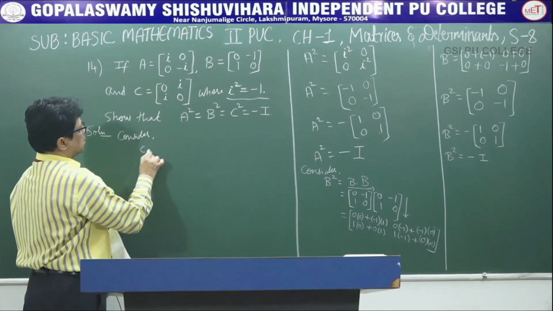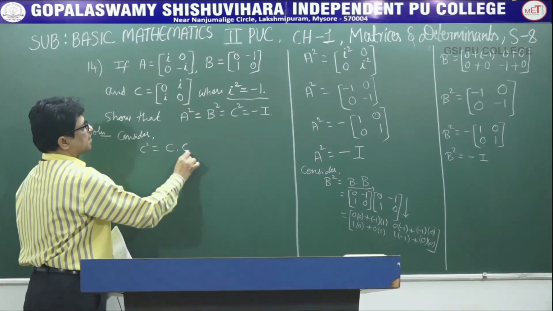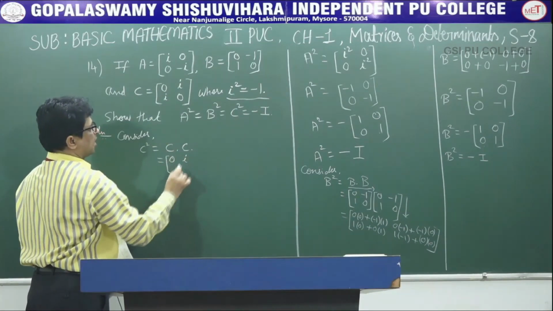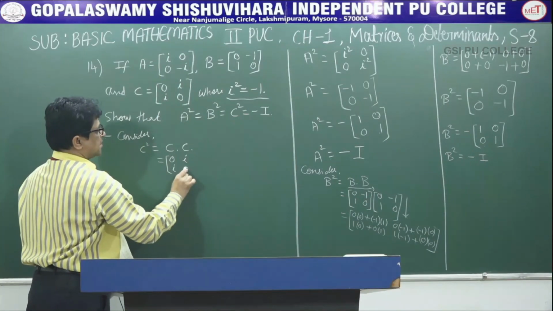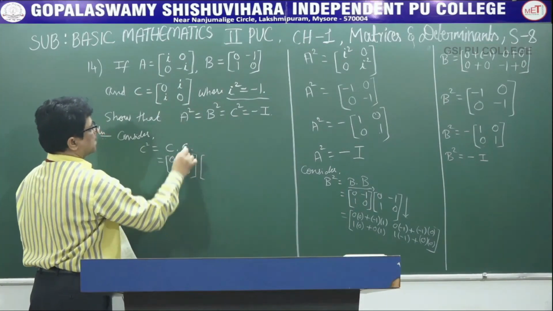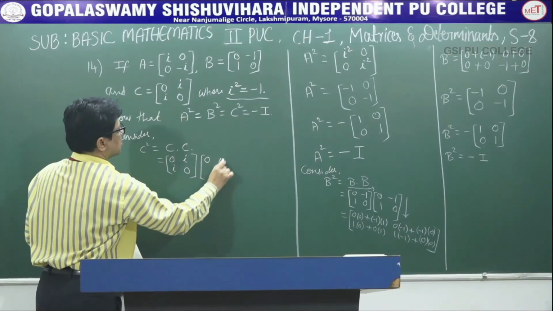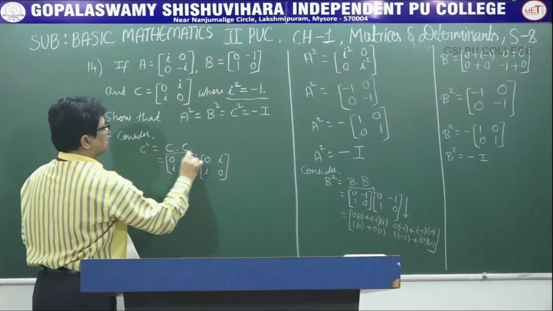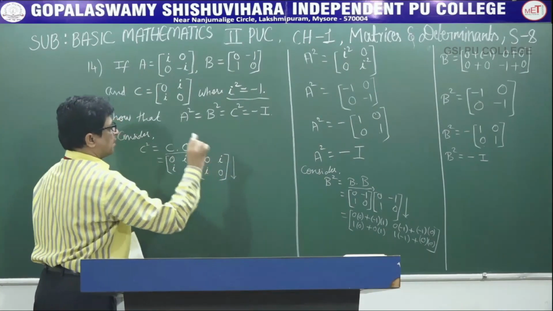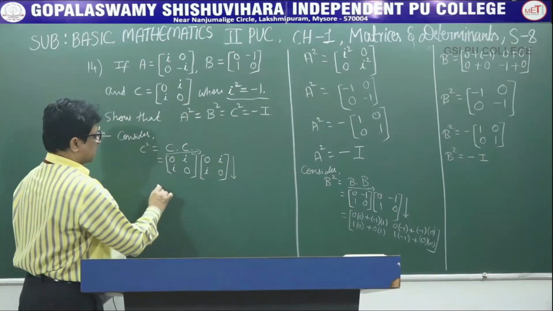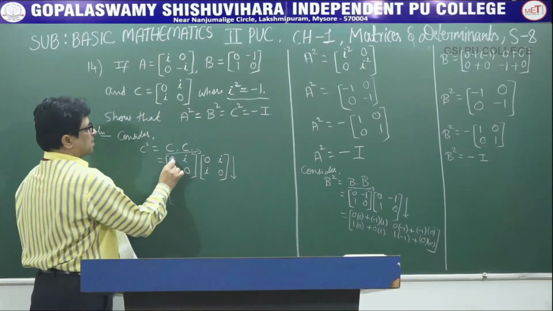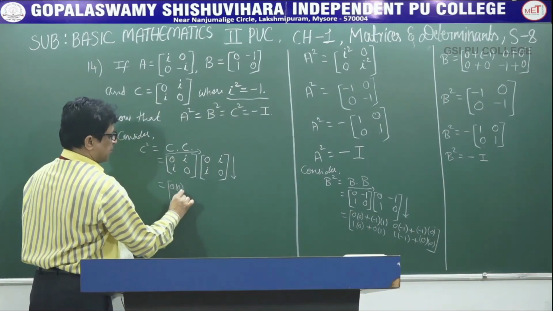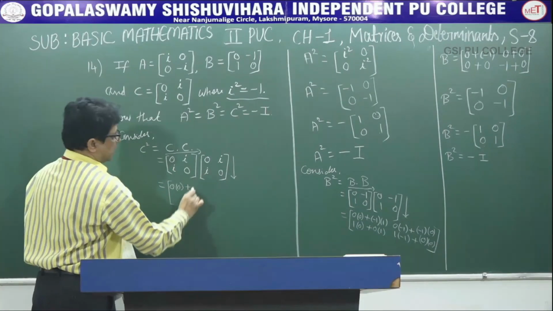Let us consider C square. C square is C into C. That is, C matrix is 0, i, 0 into C, that is 0, i, 0. So, the rule is row into column. So, that will be equal to first row into first column, 0 into 0 plus i into i.